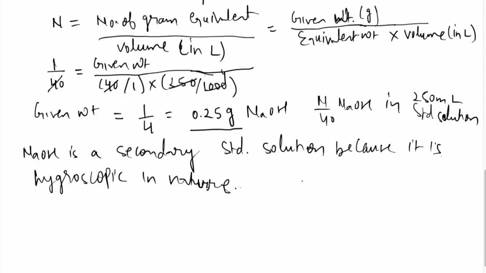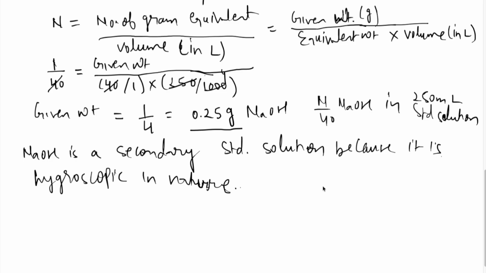These are small, easy concepts that students sometimes tend to ignore, and they just directly use whatever solution they are provided with. But if you are aiming for accuracy, do remember NaOH is not a primary standard solution. We have to standardize it against some other acid, for example oxalic acid.